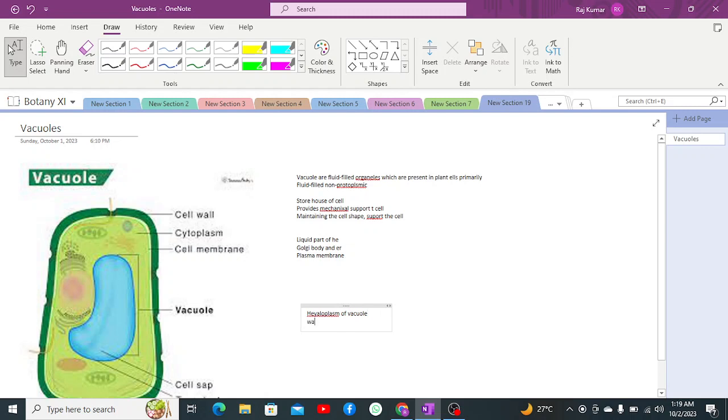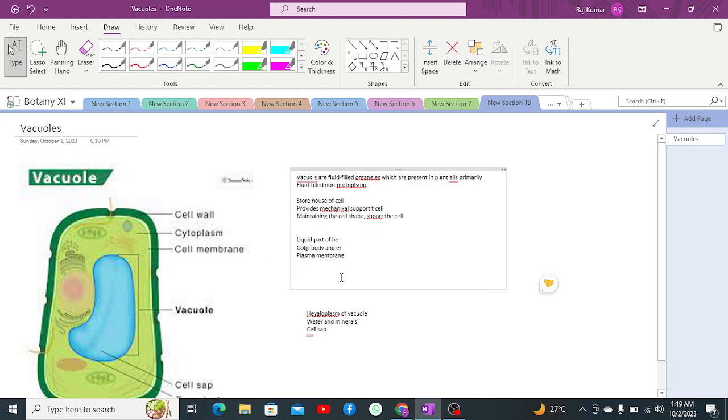These water and minerals are present inside the hyaloplasm, the fluid part of the vacuole. And now let us discuss its structure.